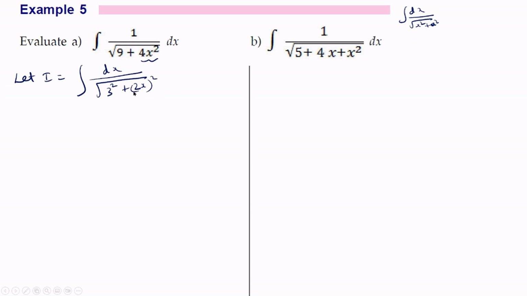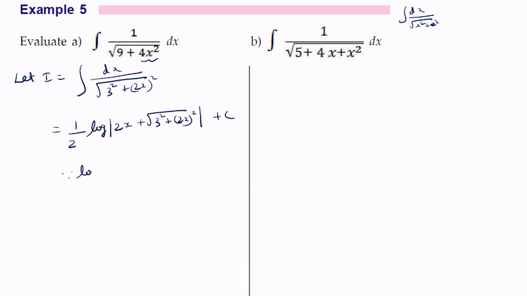But here in place of x we have 2x, and in place of a we have 3. Since the coefficient of x is 2, we have to divide by 2. So this is equal to 1 by 2 into log mod, in place of x we have 2x, plus root of 3 square plus (2x) the whole square, plus c.